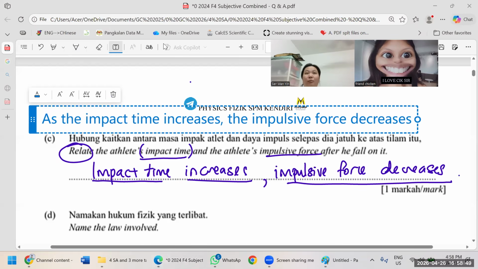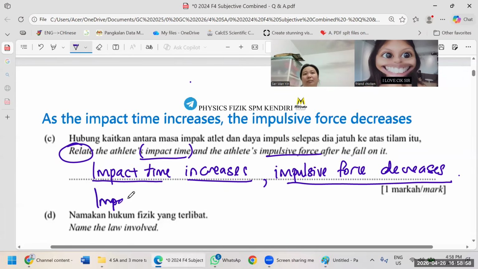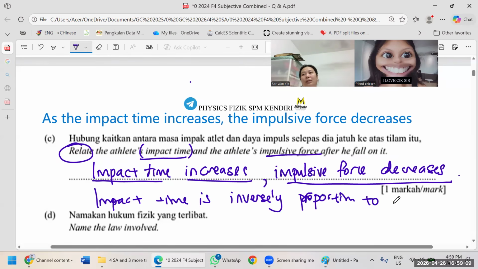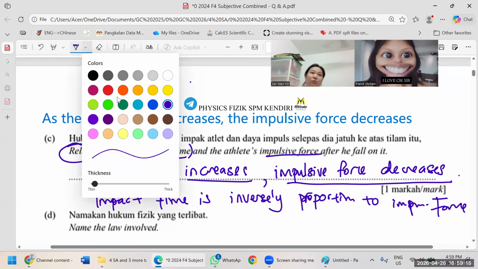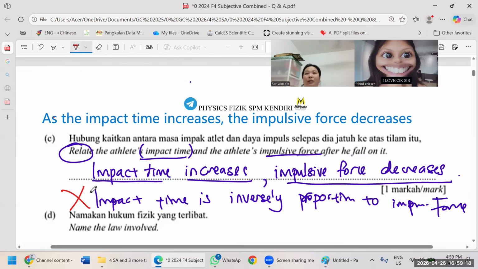So it's inversely proportional. But I don't encourage you to use this sentence: impact time is inversely proportional to impulsive force. Not wrong. Why I discourage? Because in 2023 there was a question.